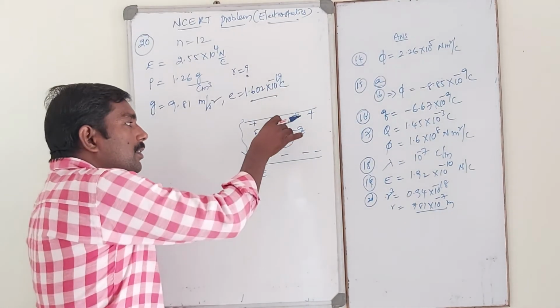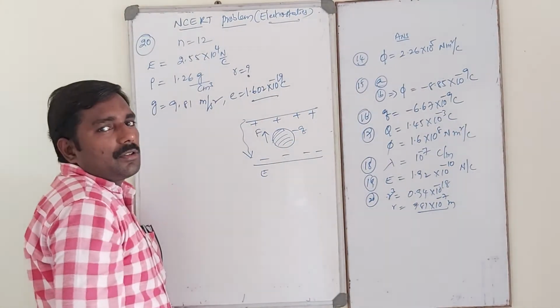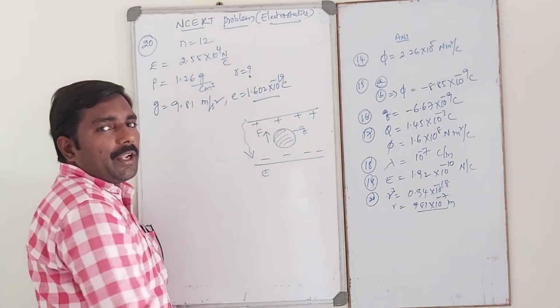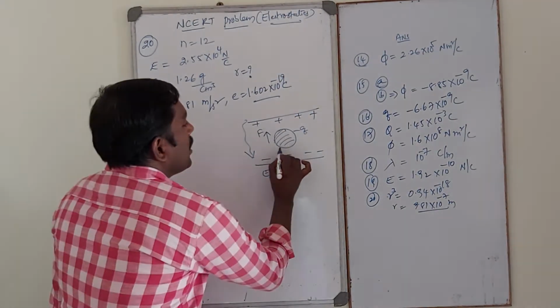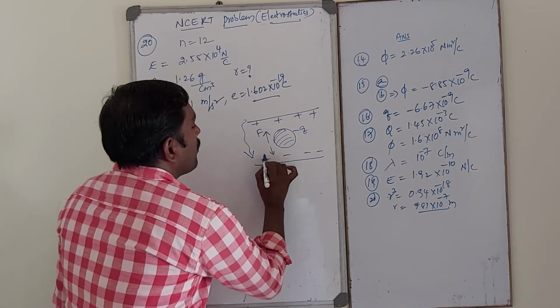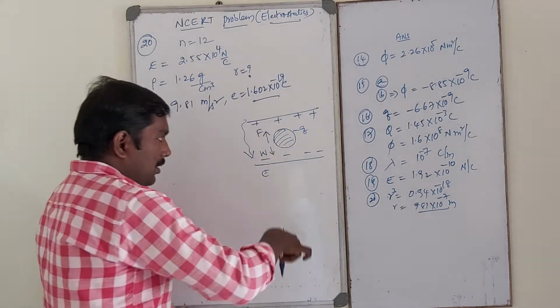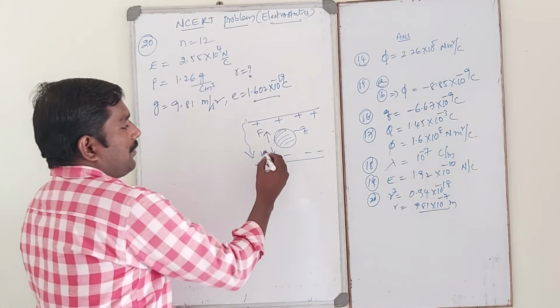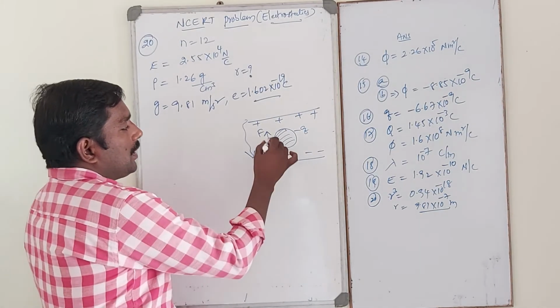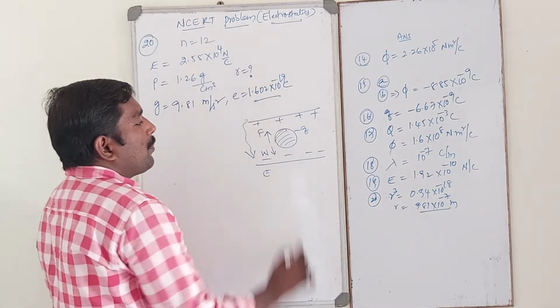The oil drop moves under gravity, so the weight acts towards the earth, downwards, but the electric force acts upwards.